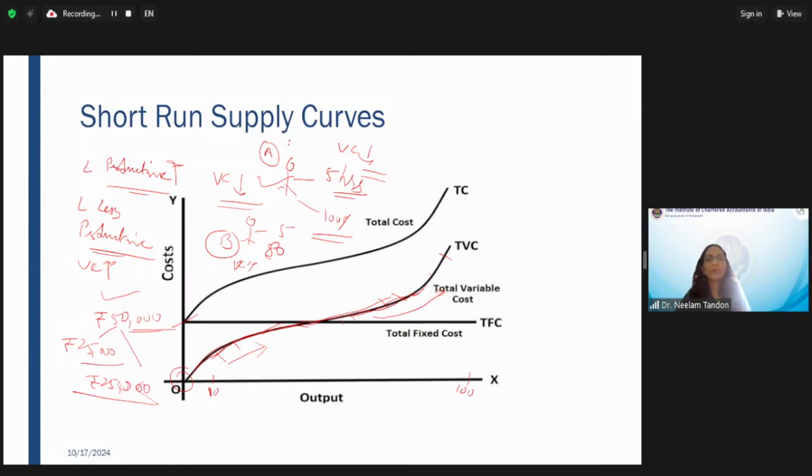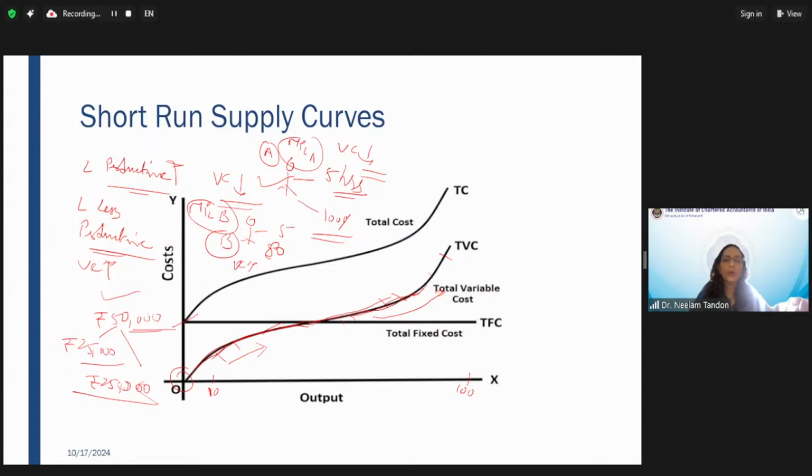Because the marginal product of labor is higher in the case of A than the marginal product of labor in the case of B. That's why the total variable cost curve is like this. Okay, so the shape of the total variable cost curve is an inverse S shape because of the law of returns to factor. Increasing returns to factor, and this is diminishing returns to factor.